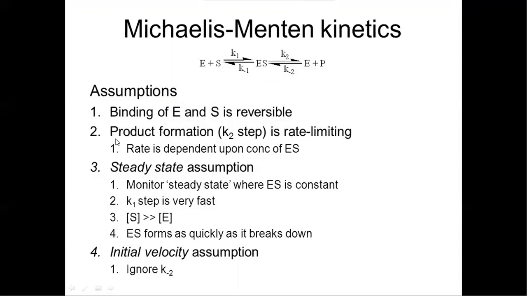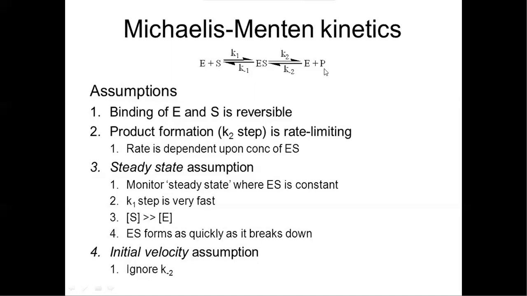And the second assumption is that the product formation K2 step is a rate limiting step. The K2 step is a forward reaction converting the ES complex into products, that is E plus P. But the K2 step is not a reversible reaction. Why? Because, as we have already discussed, K minus 2 is negligible or ignored, since the product concentration is very low.